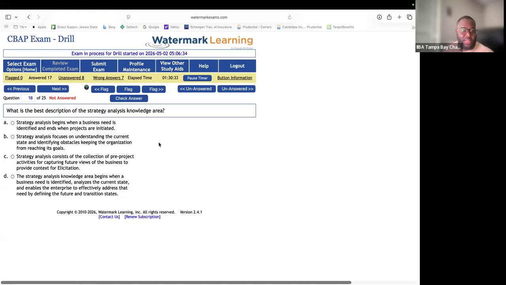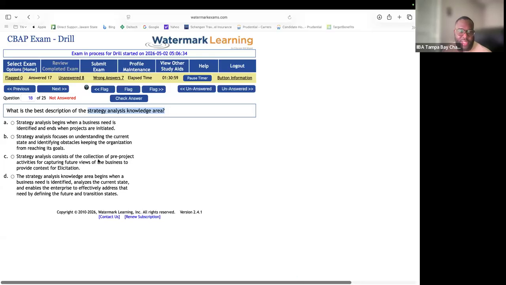So, what is the best description of the strategy analysis knowledge area? We're not talking about any task, but the whole knowledge area. A. Strategy analysis begins when a business need is identified and ends when projects are initiated. B. Strategy analysis focuses on understanding the current state and identifying obstacles keeping the organization from reaching its goal.